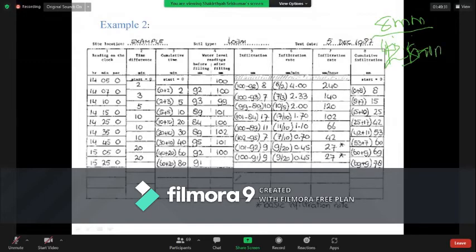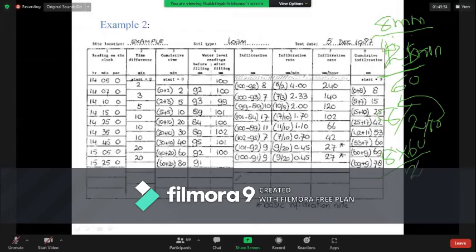To convert this minute into hour, again we divide by 60. So it's 8 divided by 2, then 2 divided by 60. So the 60 is coming here. 8 into 60 divided by 2.